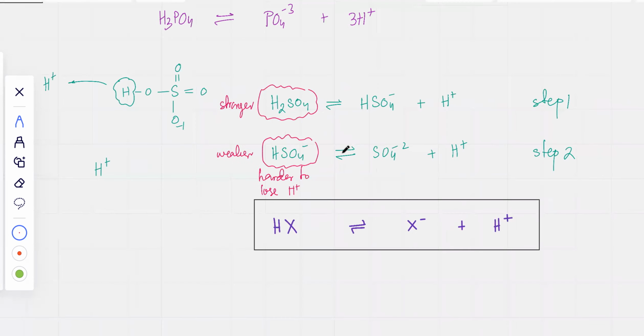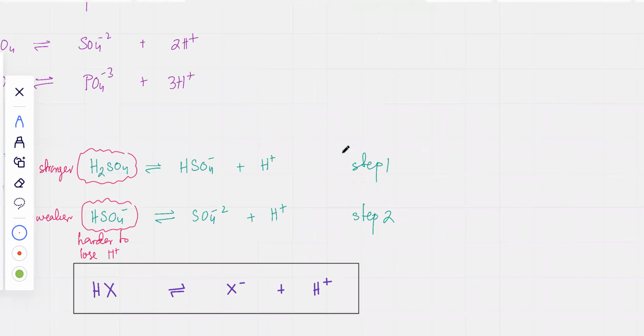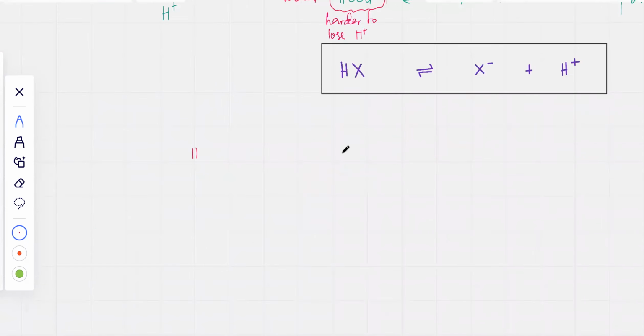And pretty much the same thing goes for phosphoric acid, H3PO4. Don't think of it as one acid. It's not going to release the H plus 1 immediately. Everything would happen in steps. It's going to form H2PO4 minus 1 ion and release an H plus 1 ion. In the next step, the H2PO4 minus 1 would release another H plus 1 ion, so it's going to form HPO4 minus 2.